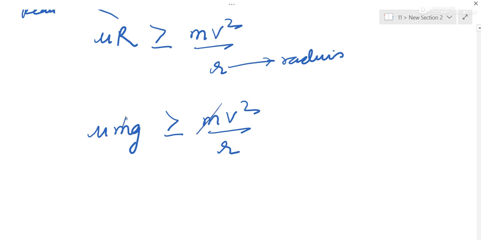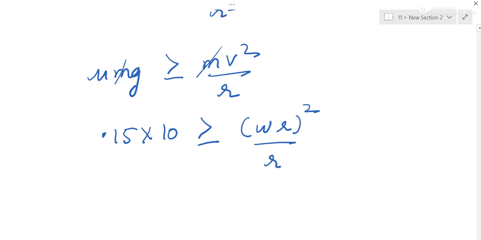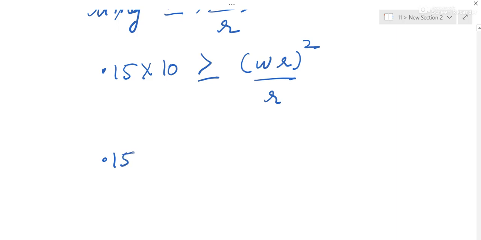Strictly, m cancels. Mu is 0.15, g is 10, greater than or equal to v square. I told you v is equal to omega r. So 0.15 into 10 is greater than or equal to omega square r square by r.